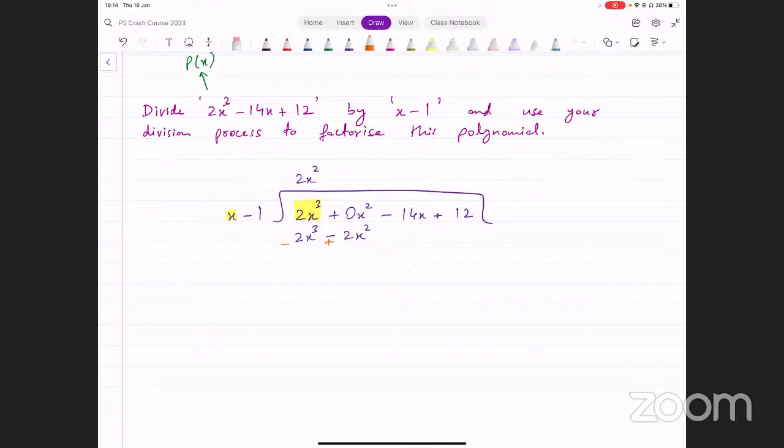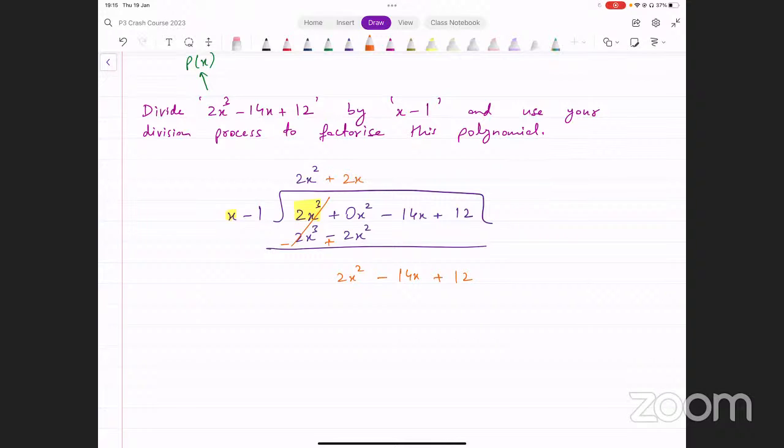This becomes minus, this becomes plus. 2x cubed minus 2x cubed, that is cancelled. 0 plus 2, that is 2x squared. Bring everything down here as well, minus 14x plus 12. And now look at the next term. What do you multiply x by to get 2x squared? You'll have to multiply this by 2x.